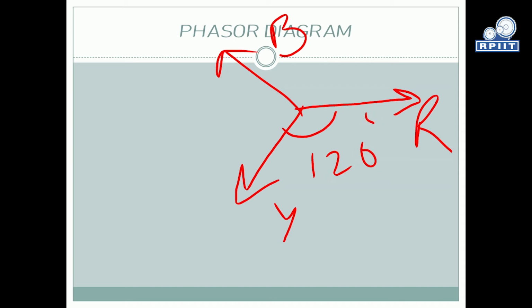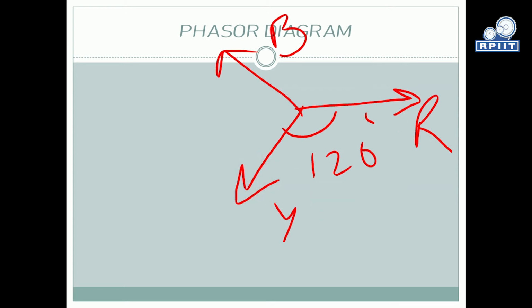So what is the positive phase sequence? Positive phase sequence is RYB or YBR or BRY. This is called positive phase sequence.